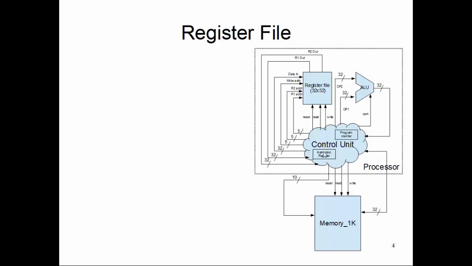The content of the instruction register is updated when we fetch an instruction from the main memory. The program counter also we cannot manipulate directly, but indirectly of course we can change the program counter. The one we can access is the register file.